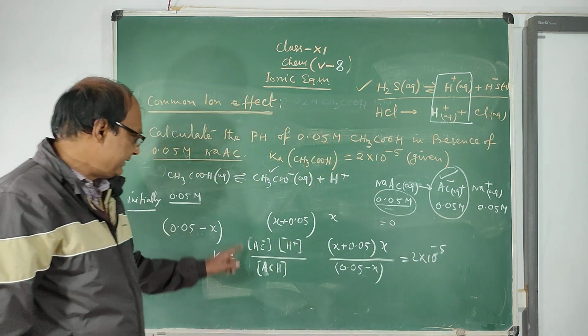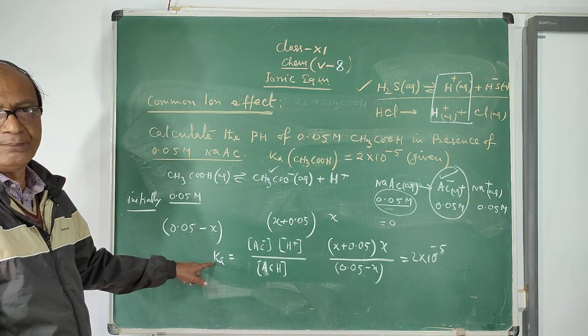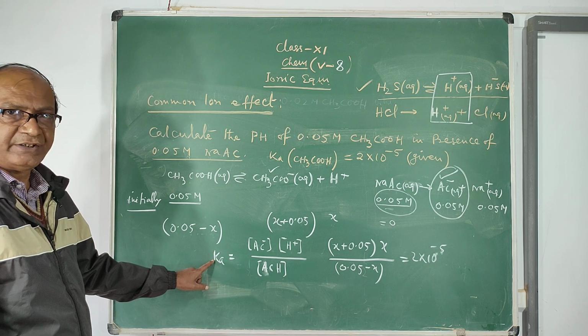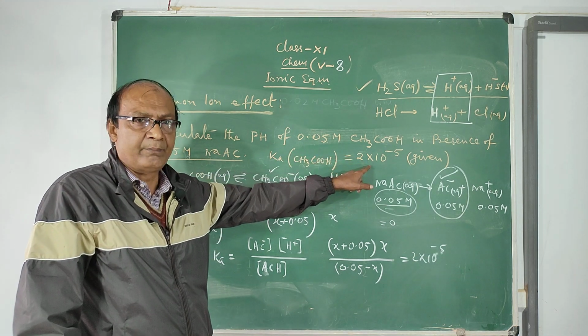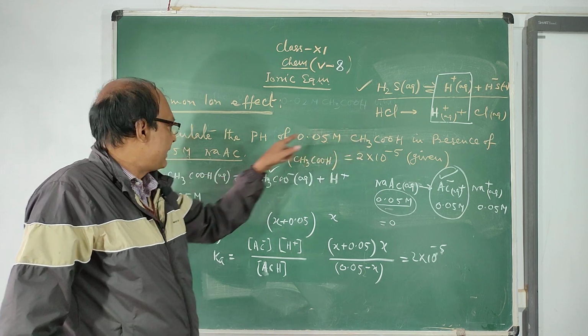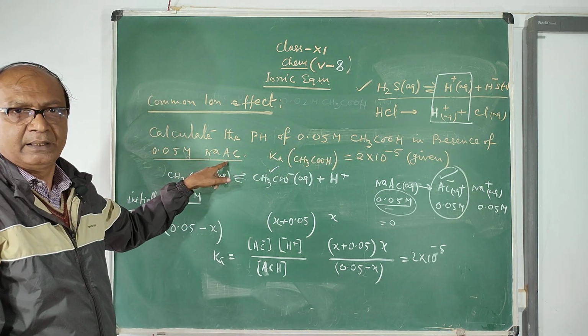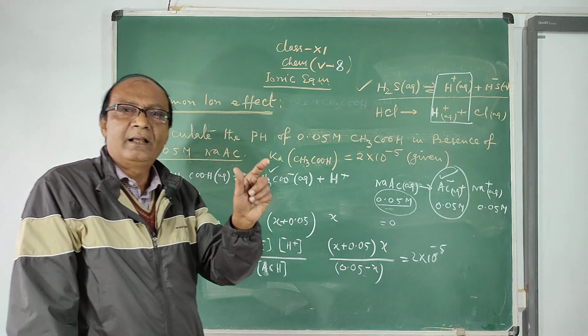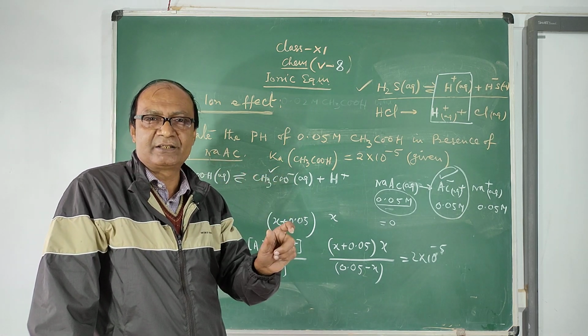Remember, the acid dissociation constant is an equilibrium constant. Its value will not change. Its value will remain the same whether acetic acid is taken in water or in sodium acetate solution. This is the significance of Le Chatelier's principle.